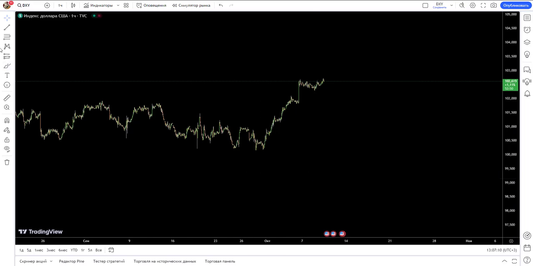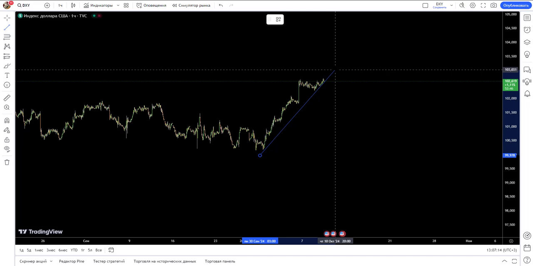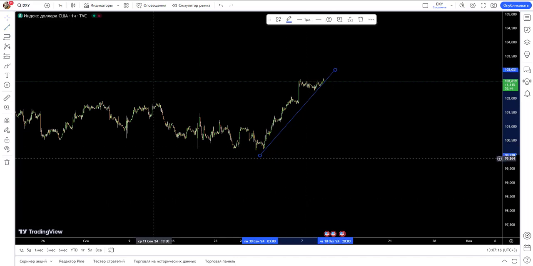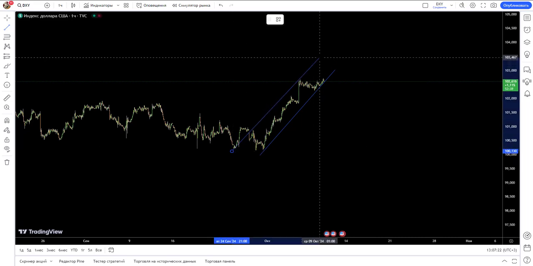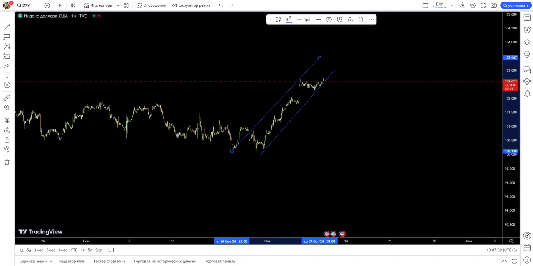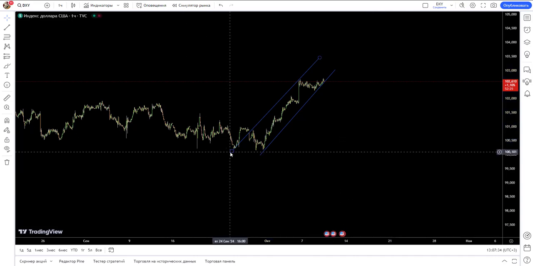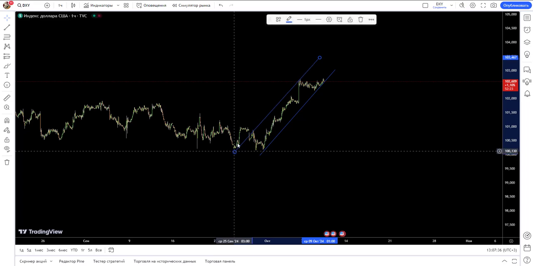H1 grows. I can build some trend line, for example, like this. I see this trend line. I can build a channel also like this, parallel lines. There are parallel lines. What do we see here?